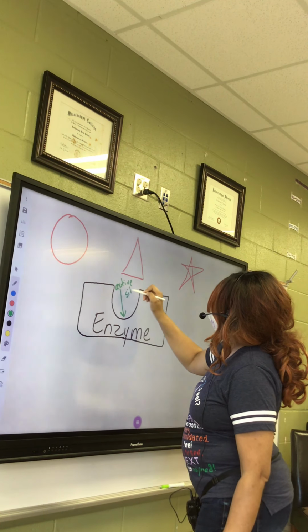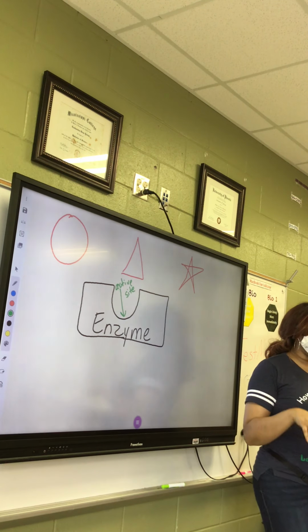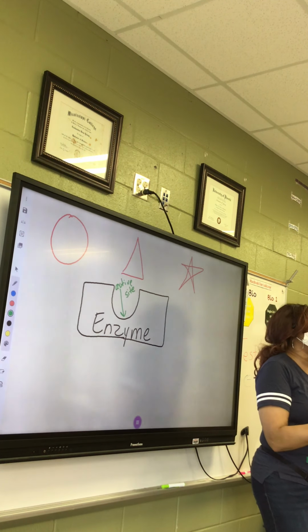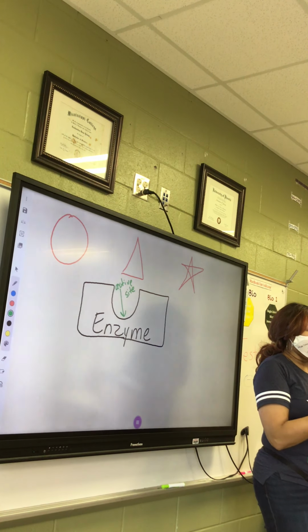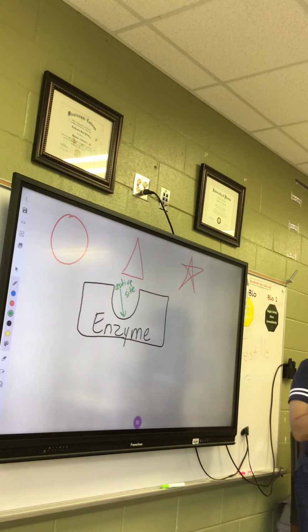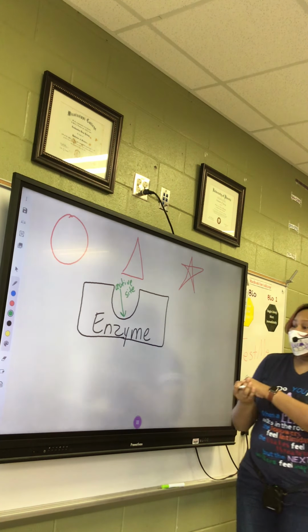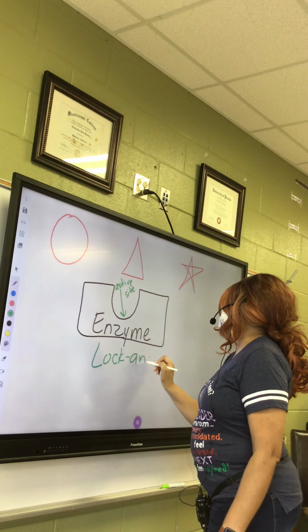The active site on the enzyme is the location where the substrate actually binds to the enzyme. It's where the substrate makes a bond to the enzyme. It's specific. It's actually called a lock and key.